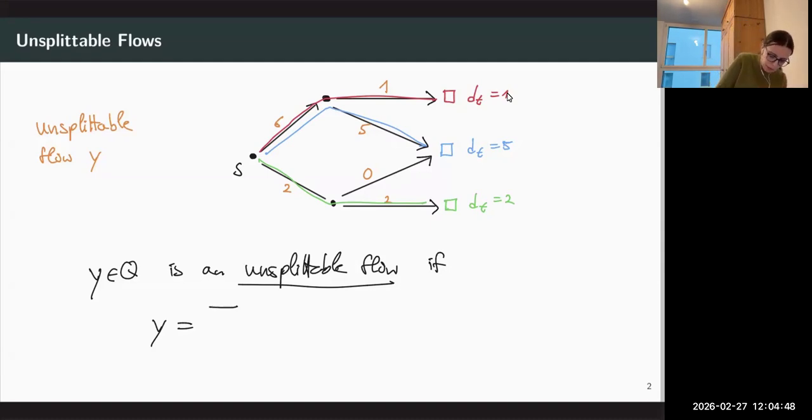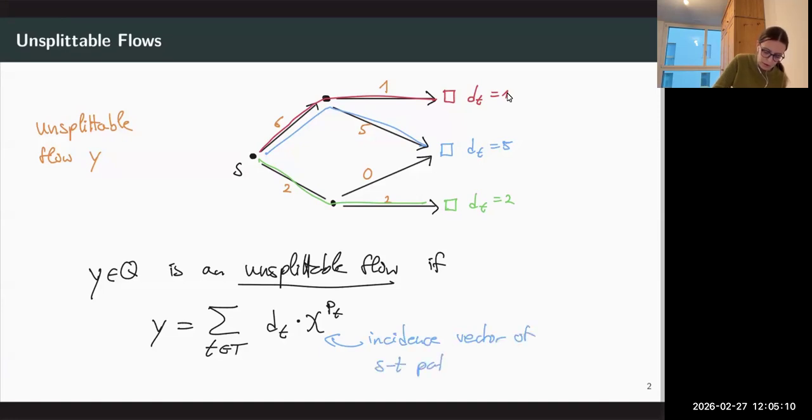So formally, we can write y as the sum over all the sinks t of d_t times the incidence vector of some s-t path, P_t. This is what we would call an unsplittable flow, in contrast to a general flow.